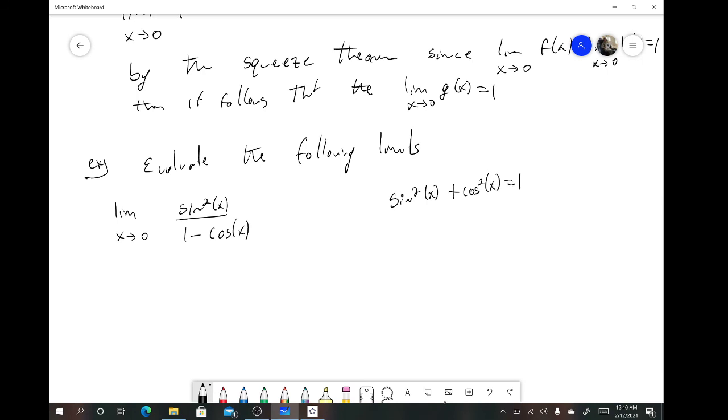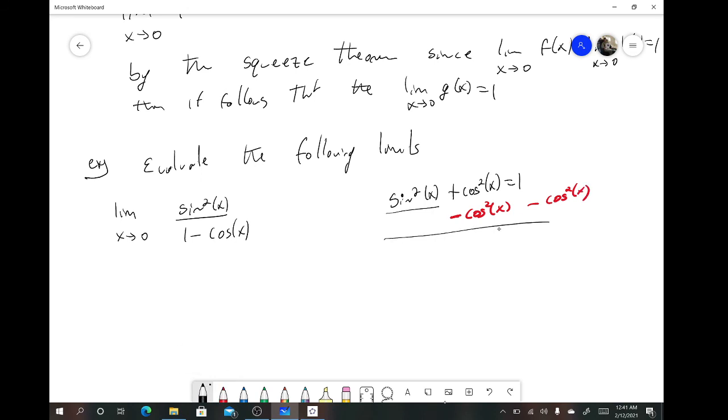Now, how is this going to help us out? Well, I have a sine square on the numerator, and if you didn't know, I can manipulate this. Instead of adding cosine square of x, I could subtract cosine square of x on both sides.